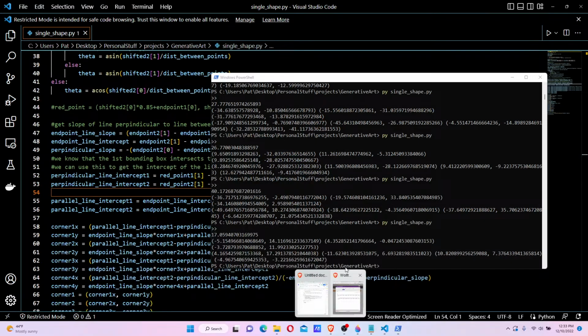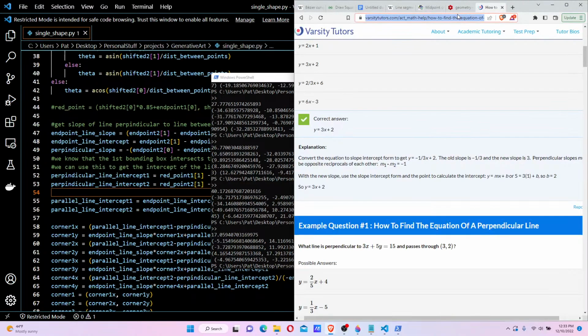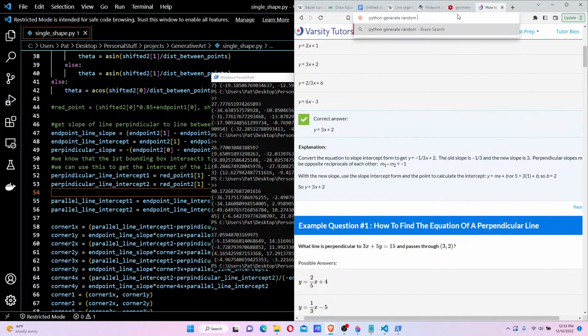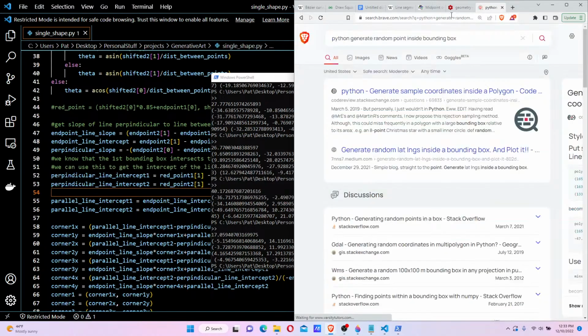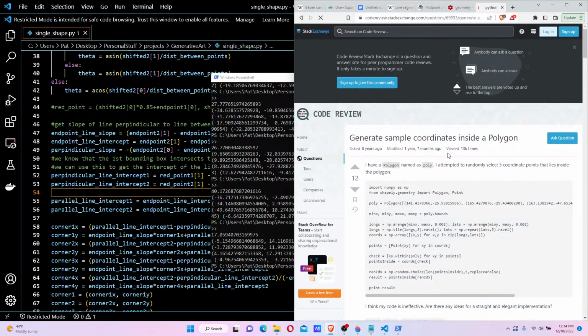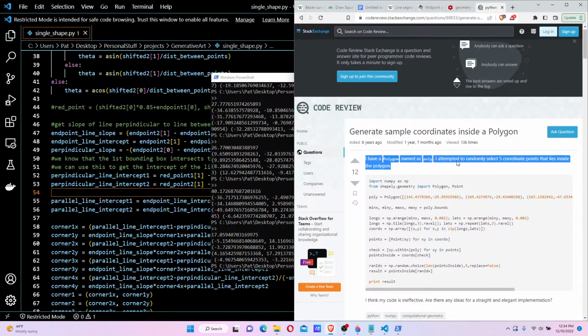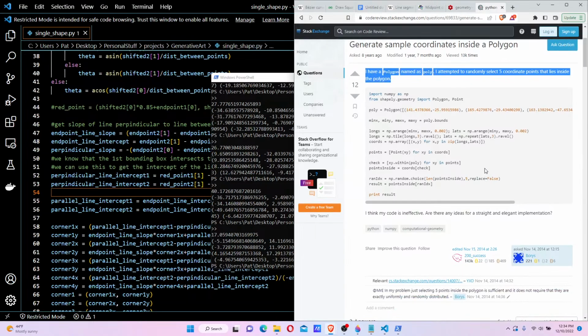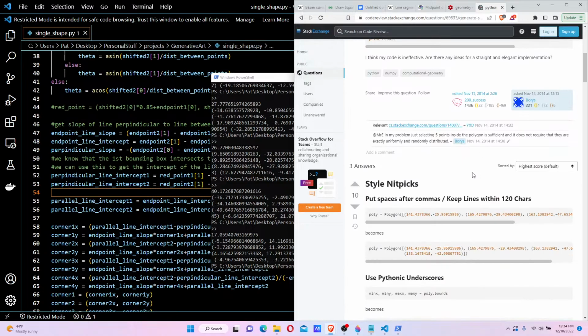Okay, now we want to know, how do we generate random points inside a bounding box in Python? Oh, nice. Now you could do shapes. Put spaces after commas.